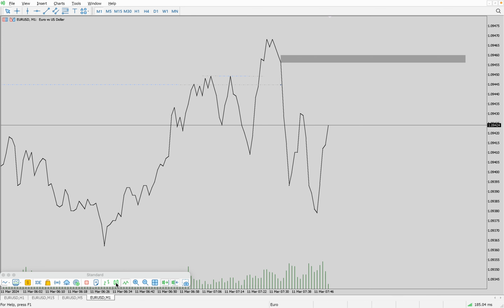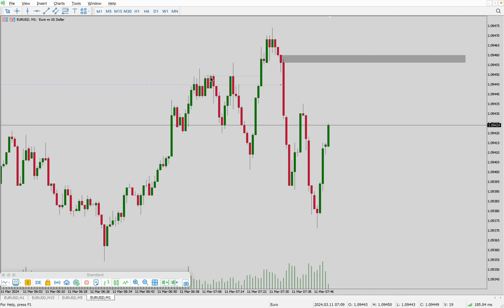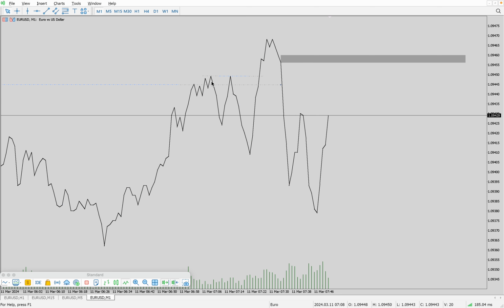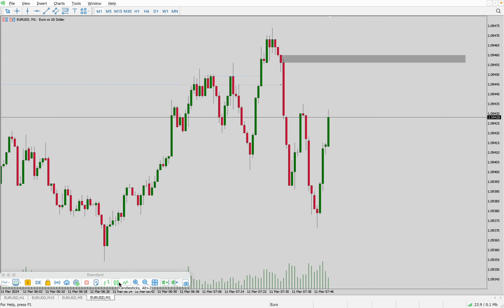Alright. No candles. See, the opens and the closes coordinate with where the line chart opens and closes as well. So it's more reliable data, basically. So I can turn it into more reliable information.